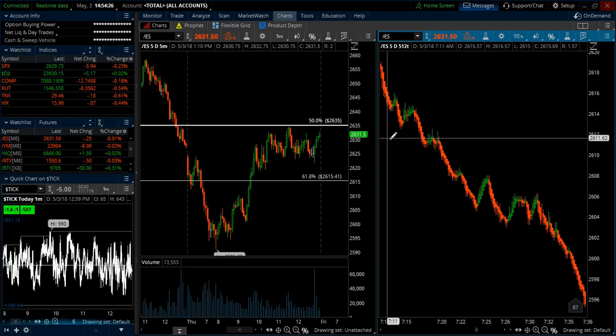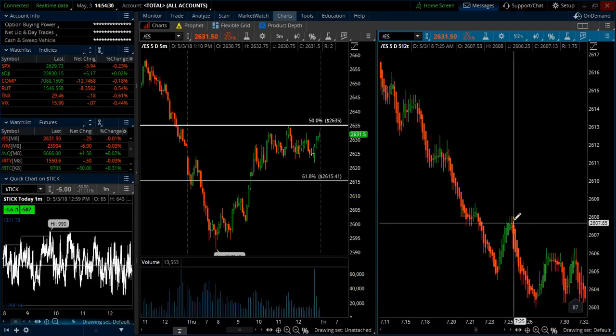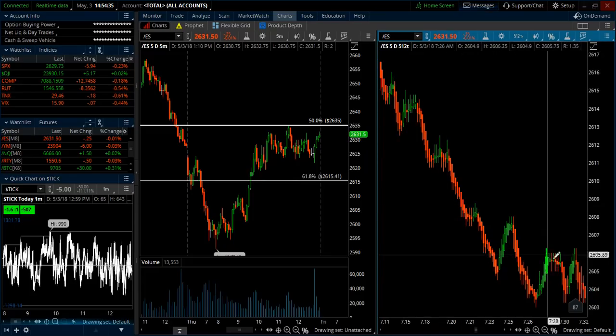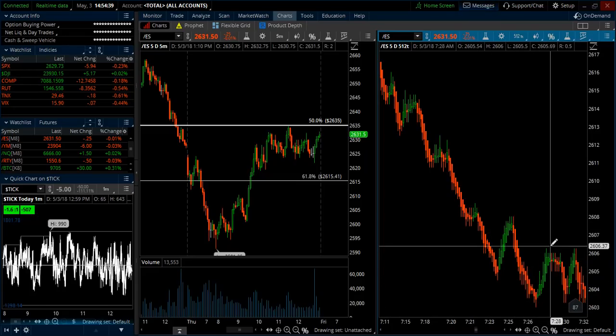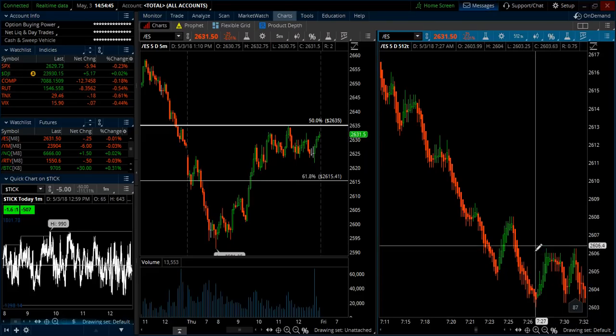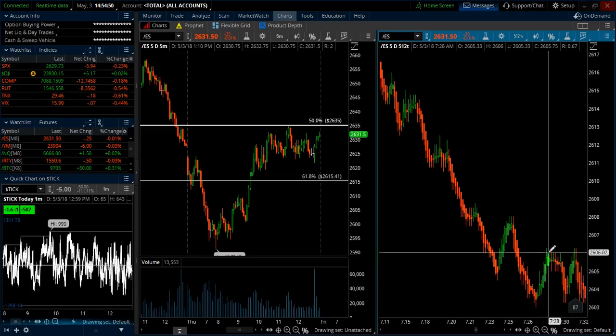So let's say early on in the day, the market is bouncing a little bit, but notice how the trend is still down. We're getting a little bit of a bounce here, another little bit of a bounce. Notice how this is just a double top. This high did not take out the previous swing high. So I'm not looking at buying the long here.